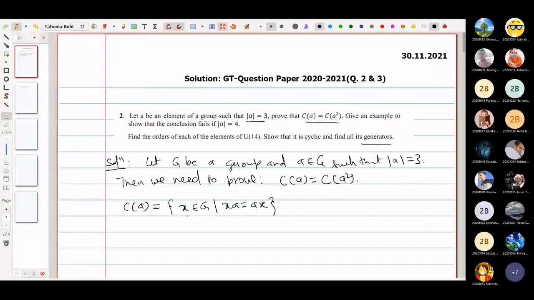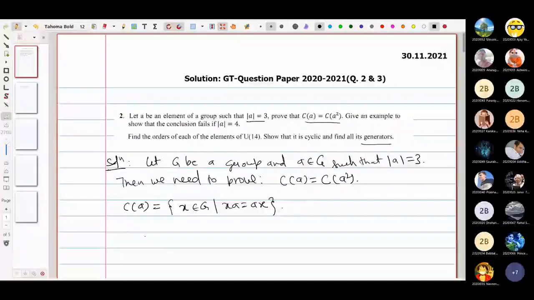So it is the collection of all those elements which commute with A. Centralizer is in one sense a local property, an element-based property. So we find a centralizer of an element of a group, not of a group, just like we talk about the center of a group. That property is defined for a group, and this property is defined for a particular element.